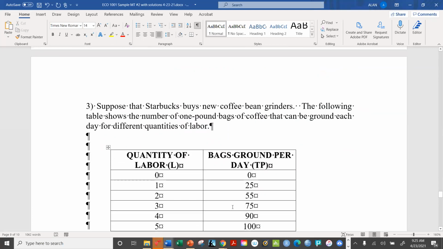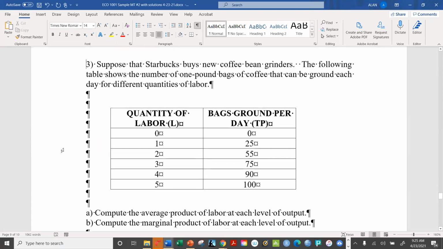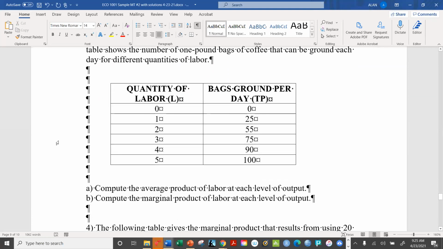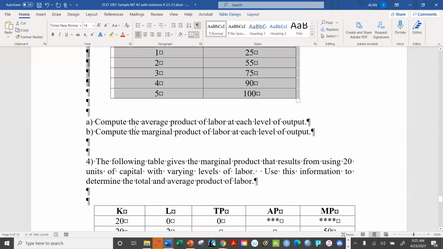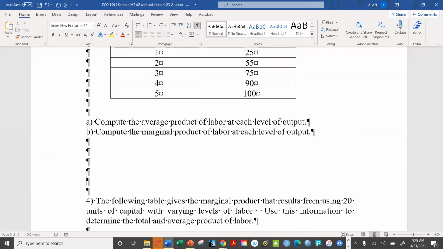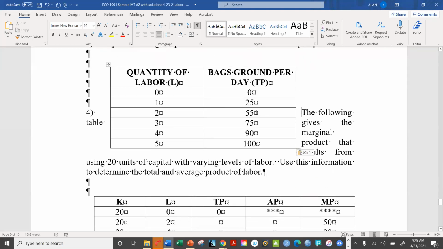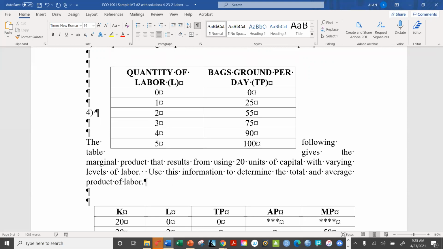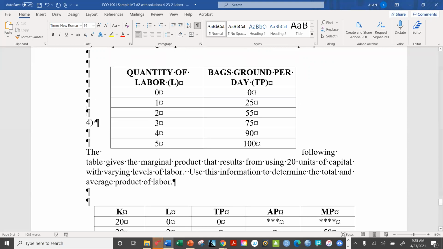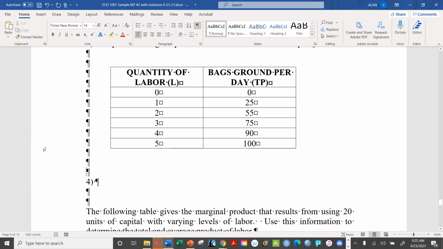Starbucks buys new coffee bean grinders. The following table shows the number of 1-pound bags of coffee that can be ground each day for different quantities of labor. So we're going to need to figure out the average and marginal product. What I think we should do is fill in a new table with two more columns, so we can see what we're doing better.